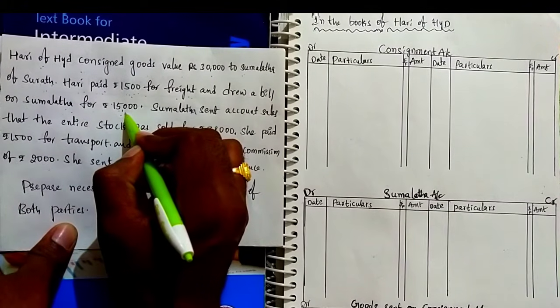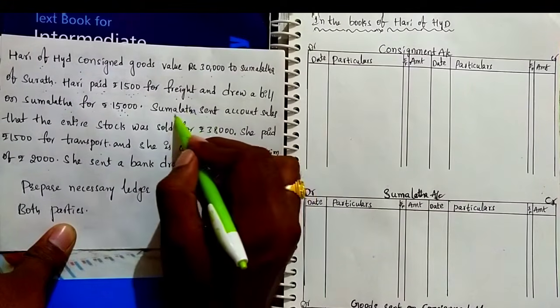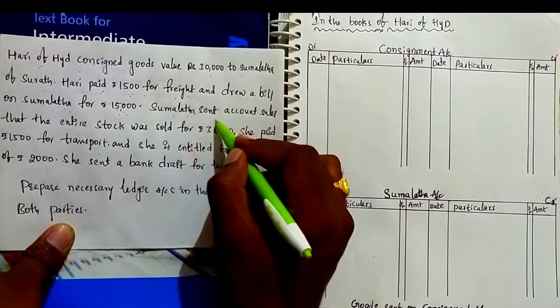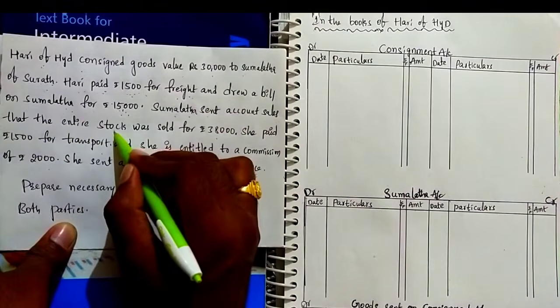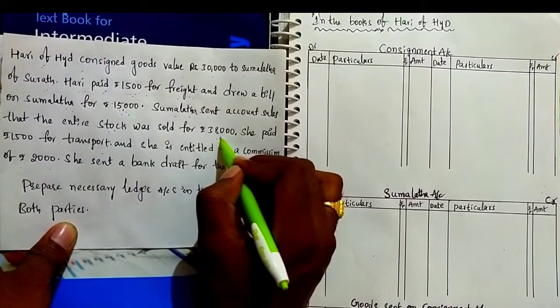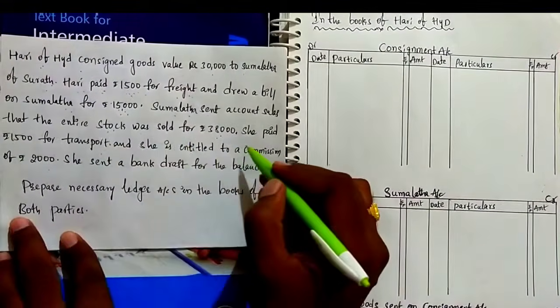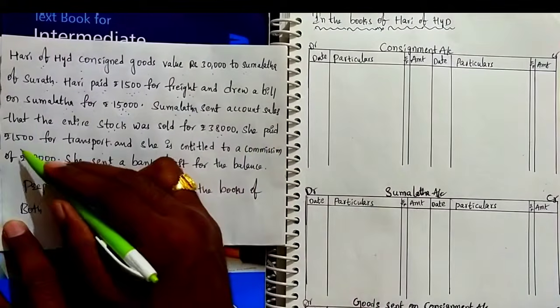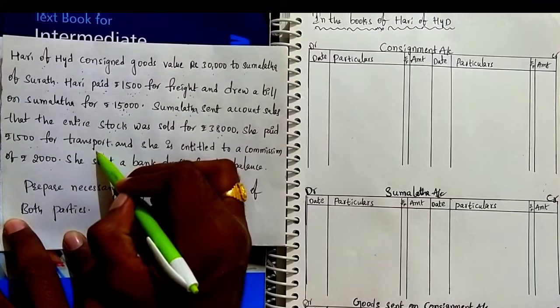It is treated as an advance. Sumalata, the consignee, sent account sales that the entire stock was sold for 38,000 rupees. Sales is an income to the consigner. She, Sumalata, paid 1500 rupees for transport.